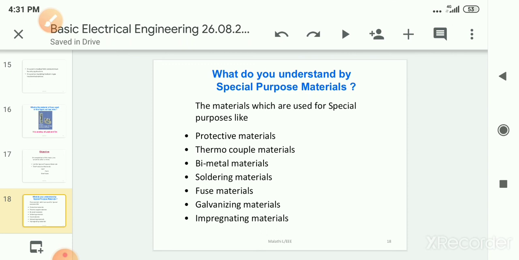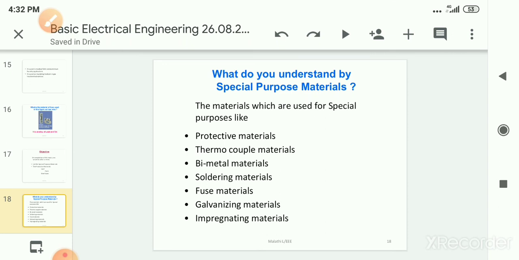Like that, this is not the primary material, it is a supporting material which is required for the primary material to perform its function effectively and efficiently. Secondary material means it gives assistance to the primary material for its effective functioning.